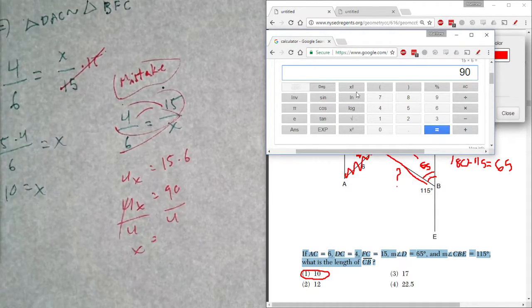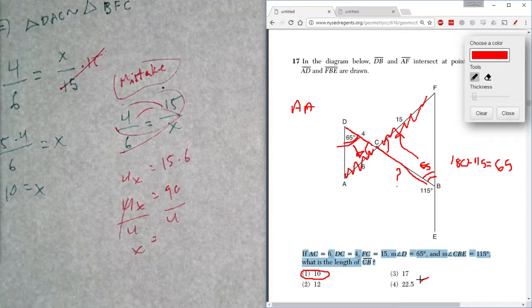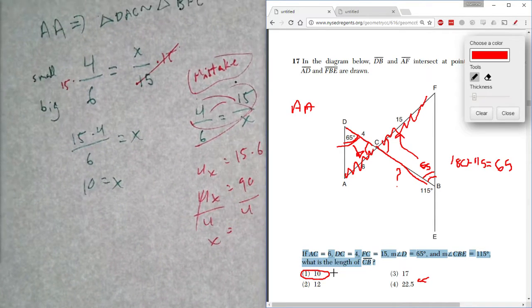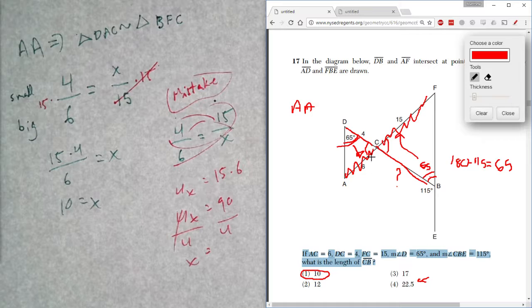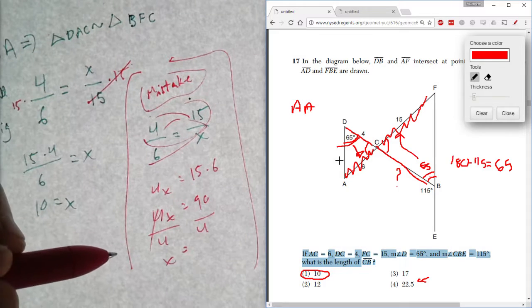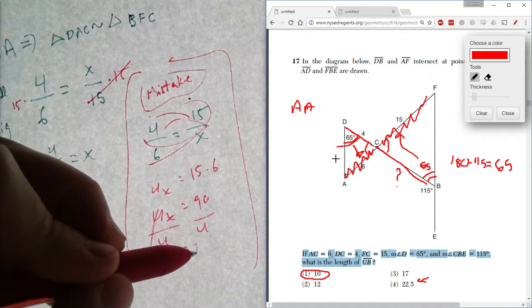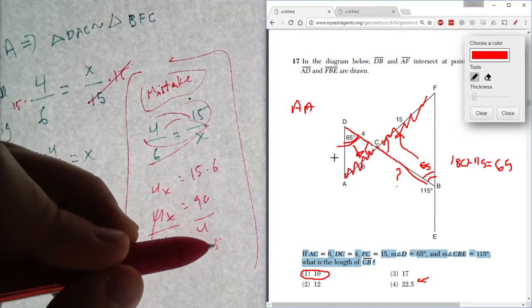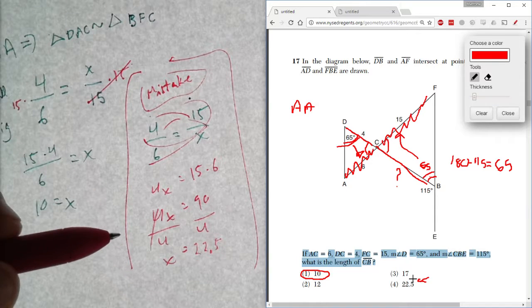X, in this case, 90 divided by 4 is 22.5. Oh no, that's an answer they give you right there as well. So I went ahead and right away said number 1 is the right answer because I took it slow. I knew that I did this problem correctly and I checked, made sure I put the right thing on top. If you make this simple little mistake, the answer that you will end up with is an answer they have as a multiple choice option.